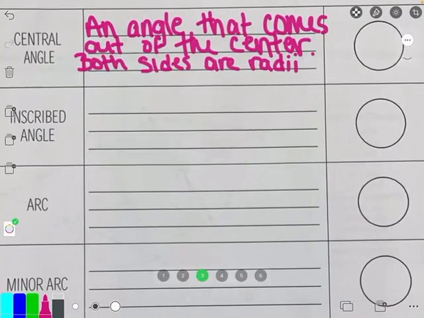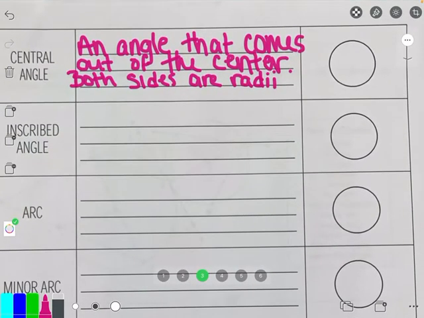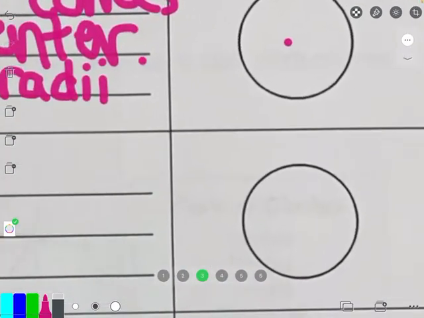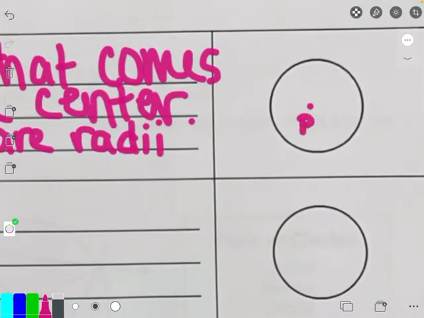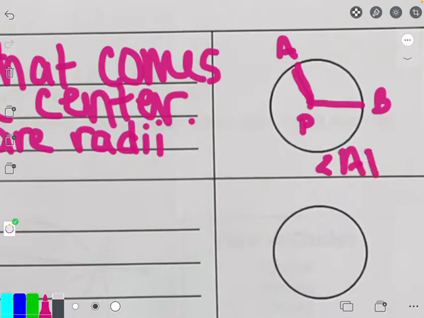So this is what it would look like, again basing off the center point P. So then if I drew an angle, hopefully with straighter lines, I could call this angle APB, for example.